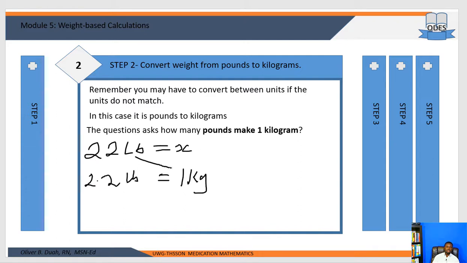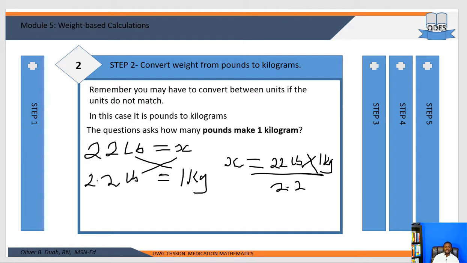Okay, so if we cross multiply, we are basically going to have x equals 22 pounds times 1 kg, all divided by 2.2.